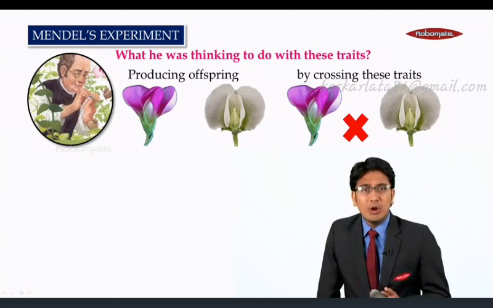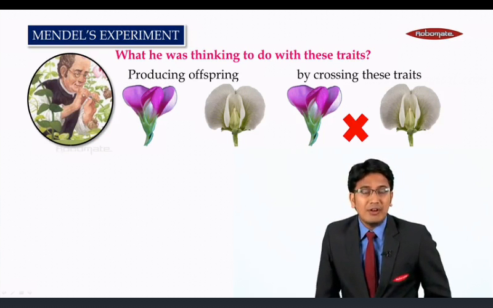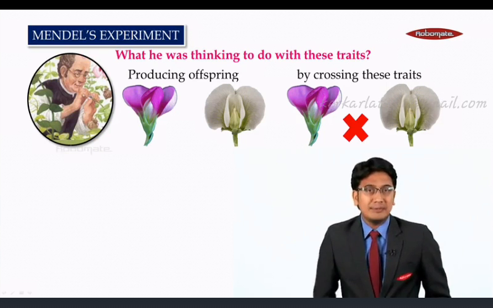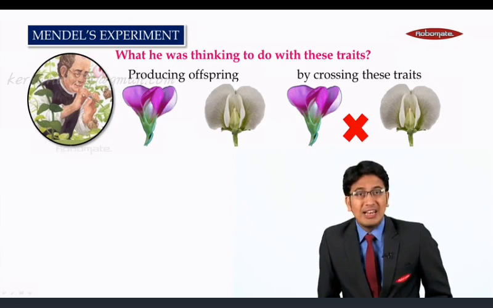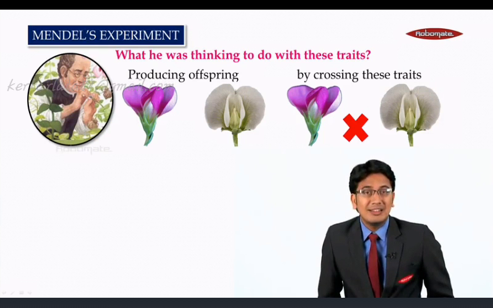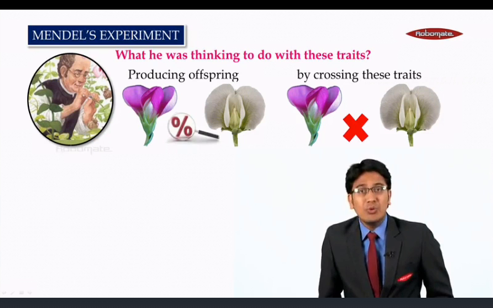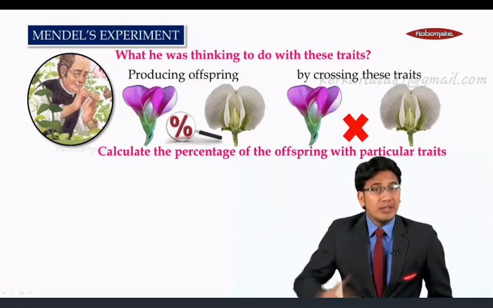He thought there would be one purple flower, one white flower, and a possibility of a mixture of a purple color and a white color. But what he got was different. What he got led to the discovery of genetics.